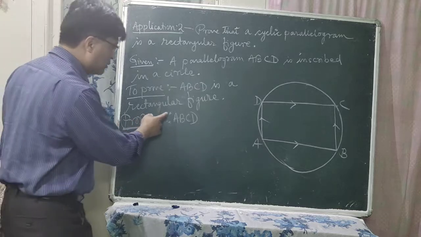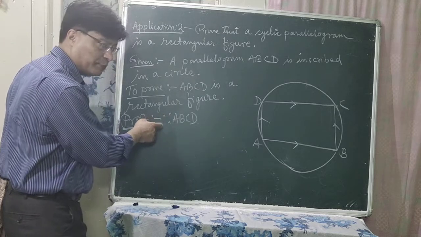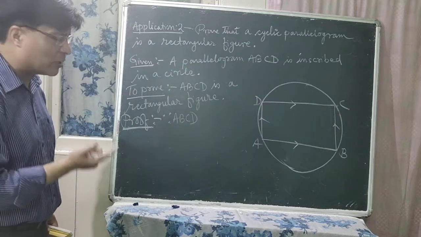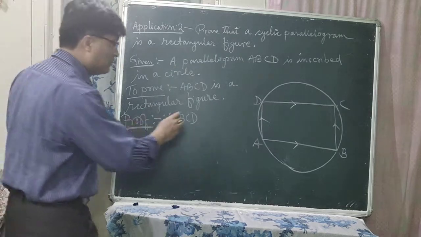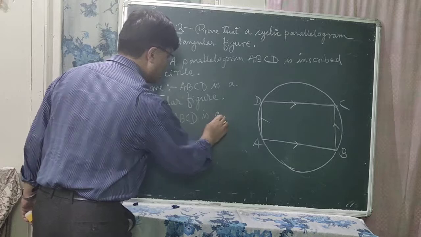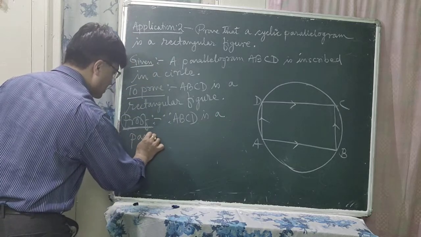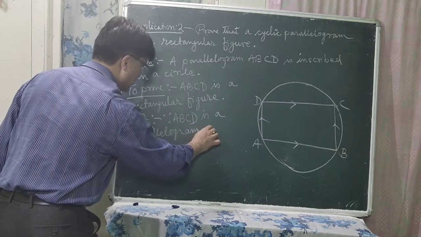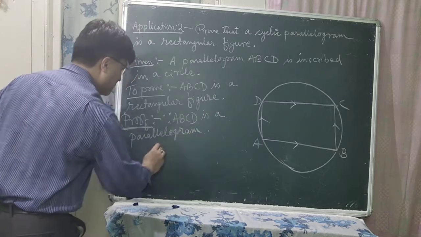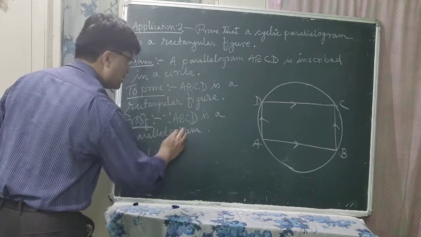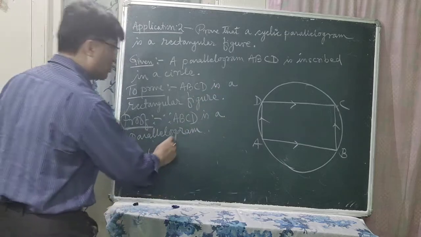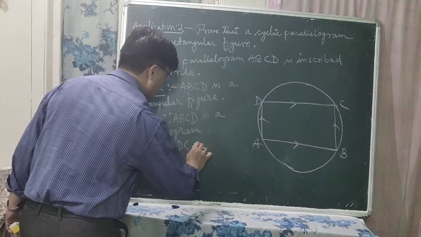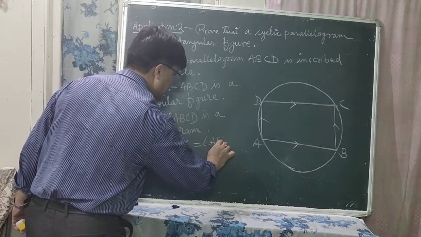Since ABCD is a parallelogram, therefore what can I write? Their opposite angles are also equal, that is angle ADC is equal to angle ABC.